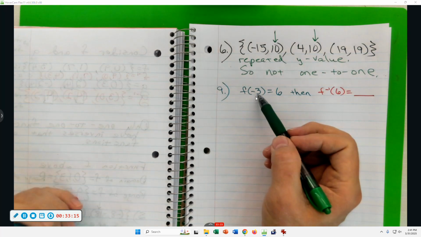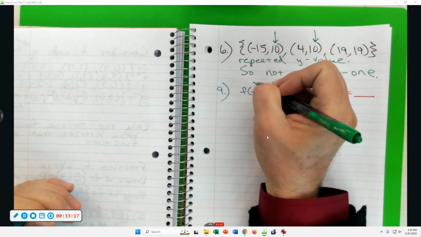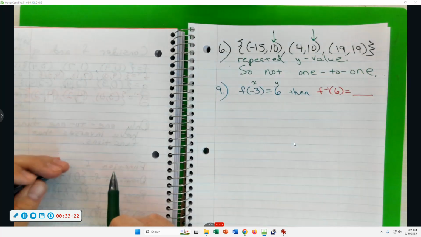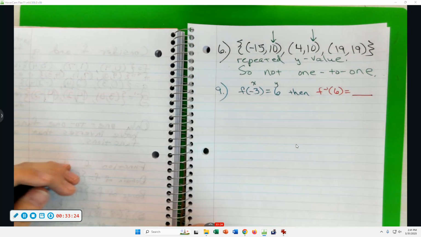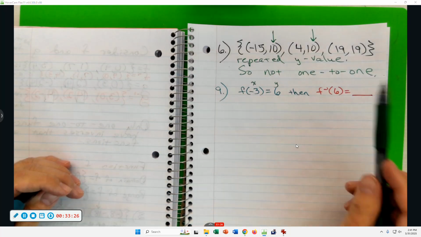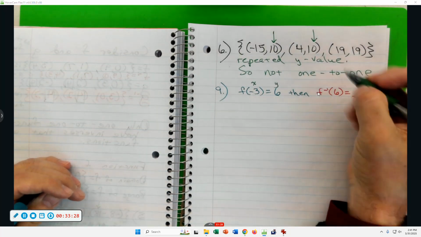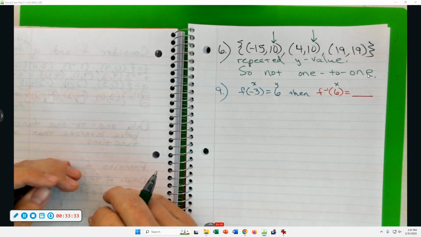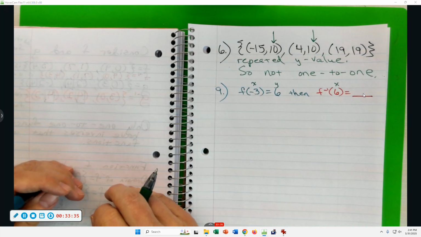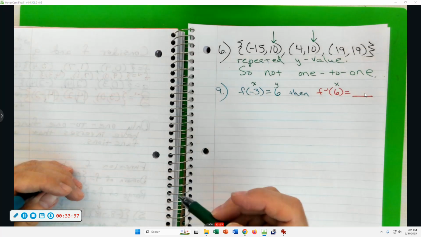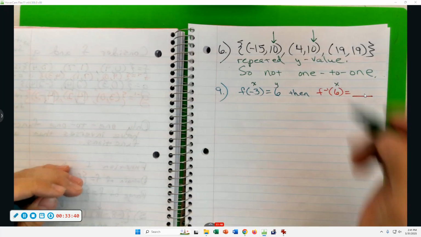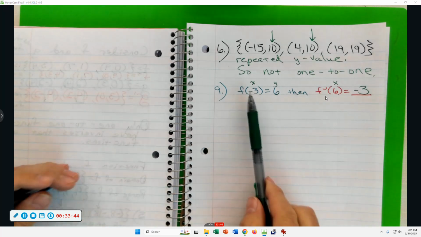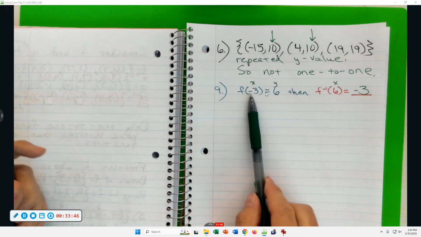Remember, the number in the parentheses, that's the x. The value of the function, that's the y. So we have -3, 6. With the inverse, all of a sudden, 6 is the x value. What would the y value have to be? Pardon me? -3. -3, that's right. All you did was reverse x and y.